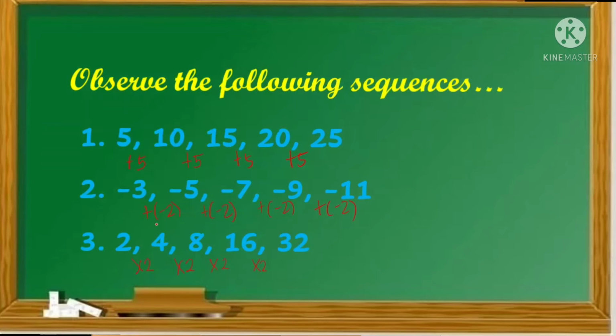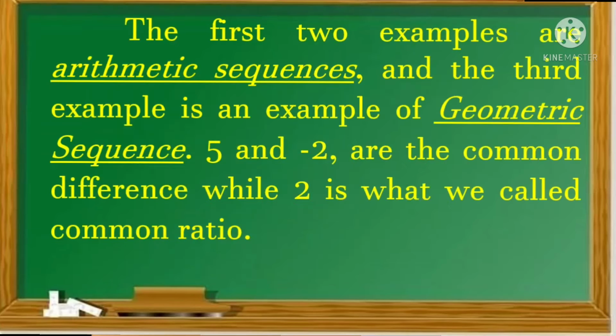If you observe here, we can add 2 to get 4, but we cannot get 8 by adding 2 to 4, for 4 plus 2 is not 8. 8 plus 2 is not 16, and 16 plus 2 is not 32. So we need to multiply by 2.